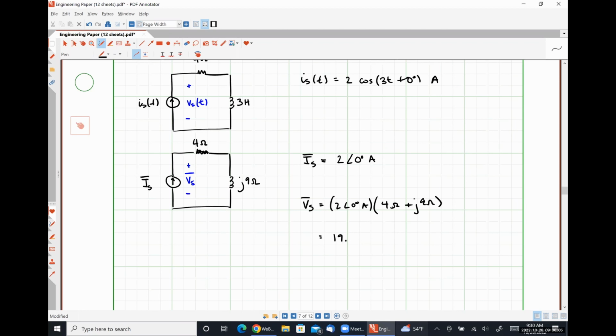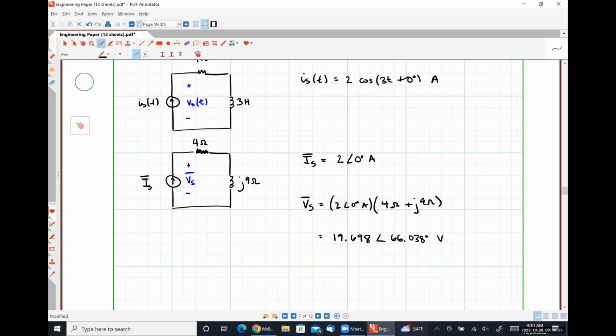And in polar form, we get 19.698 angle 66.038 degrees volts. The exact same result we got using a crap load of trig and other things.